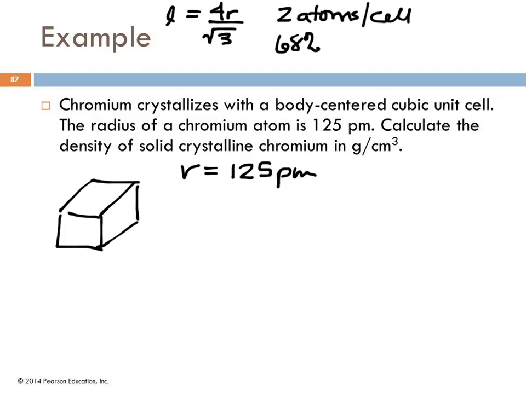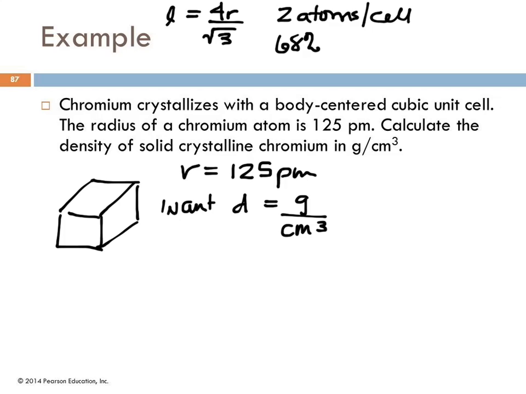They're asking us for the density. We want density, which is grams per cubic centimeter. So to find the density, we need a mass and a volume, right?